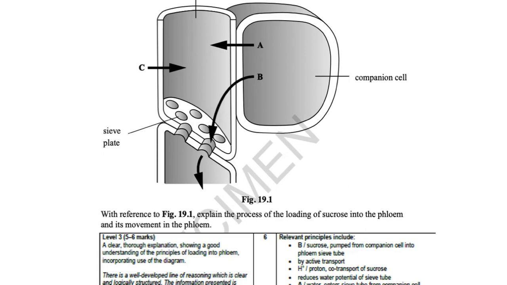The way this is achieved is through the active transport of protons, and the protons are moved into the companion cell by the use of ATP. So ATP is being hydrolyzed, and that's moving the protons from where there are fewer protons to where there are lots of protons. So there are lots of protons in this companion cell.